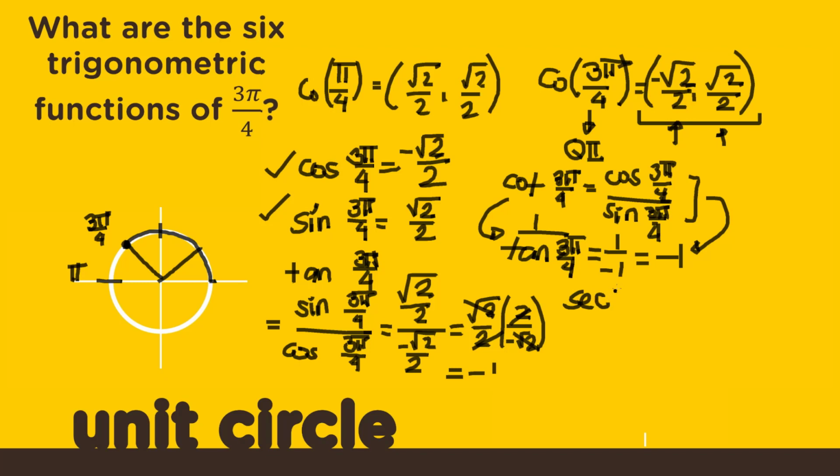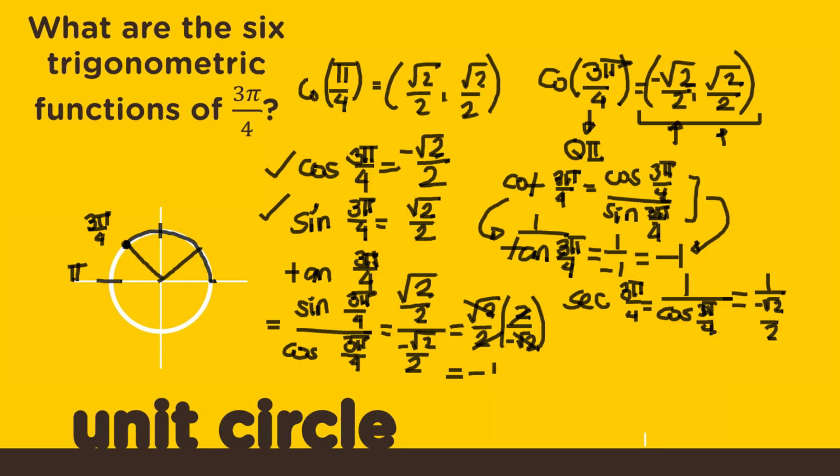The secant, or not theta, we have the angle. Secant 3 pi over 4 is the reciprocal of cosine 3 pi over 4. So you have here 1 over negative square root of 2 over 2.